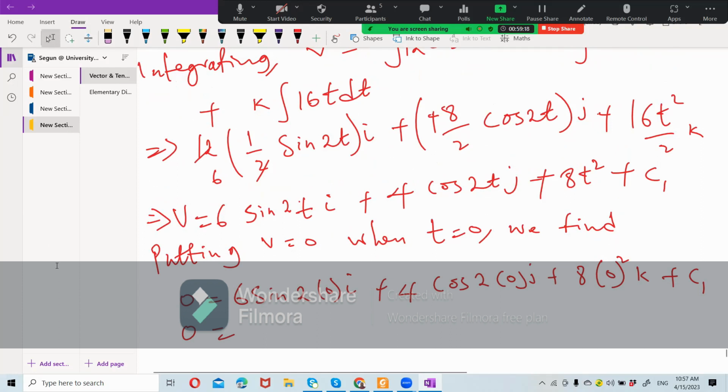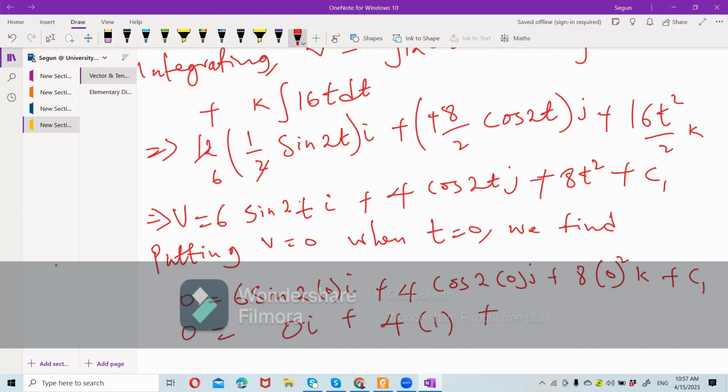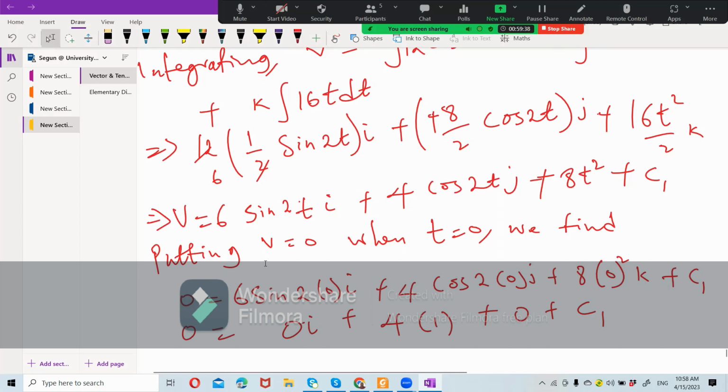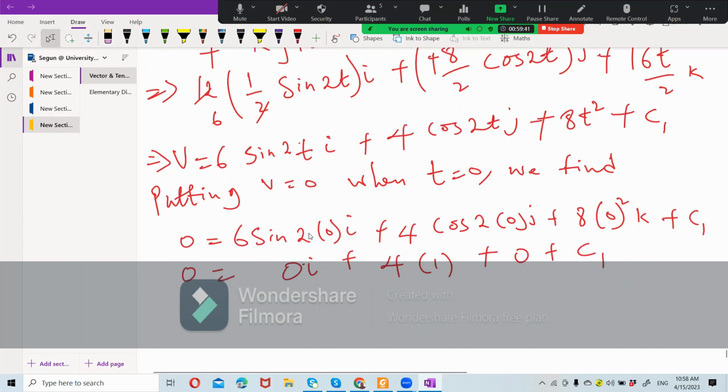So in this case now we have t = 0. Sine 0 is 0 i, plus 4 cos 0 is 1, plus 0, plus C1. So it simply means that this is j, this is k. So at the end of the day, our C1 is equal to minus 4j.